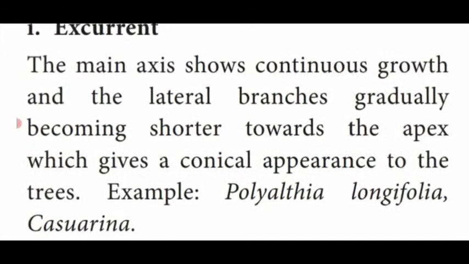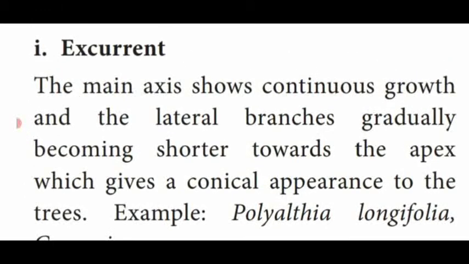Another one is Casuarina, which in Tamil we call Savukku Maram. The shape of the Casuarina also looks conical. For that reason, during Christmas time, we use this Casuarina tree to decorate as the Christmas tree or Xmas tree.